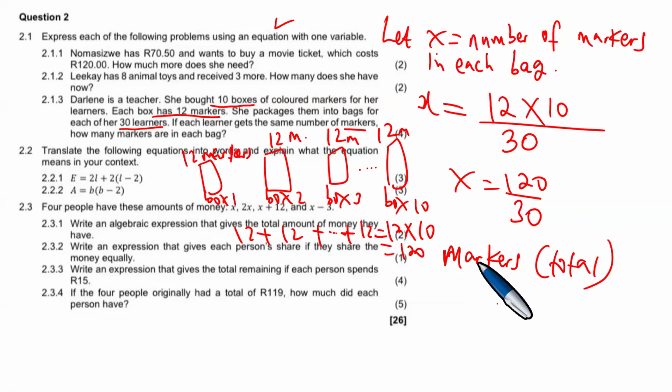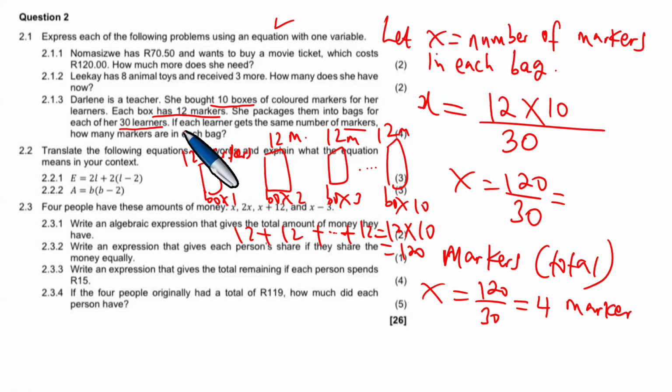What is the answer here? It's 4 markers per learner. Because the question was, if each learner gets the same number of markers, how many markers are in each bag? 4 markers in each bag.